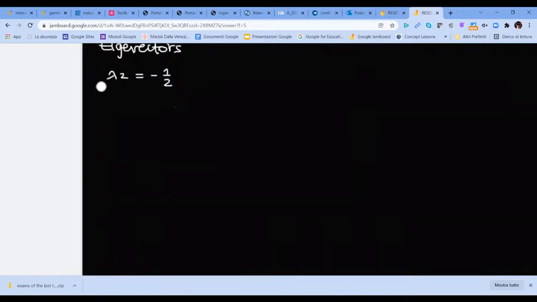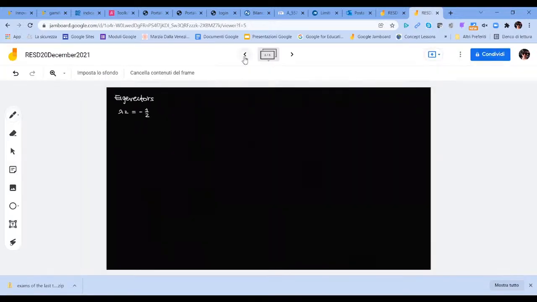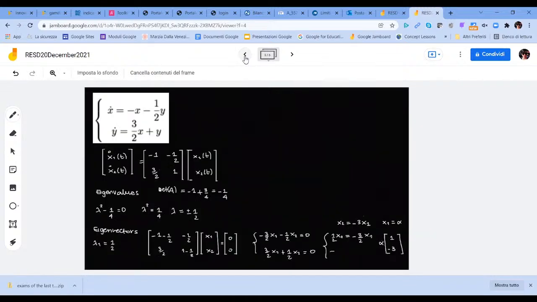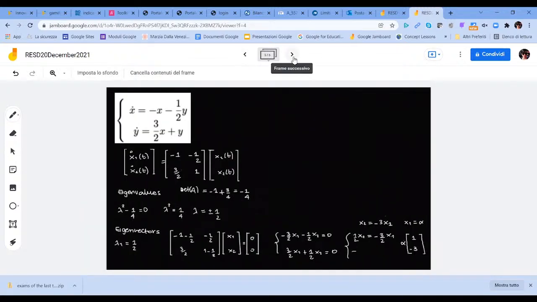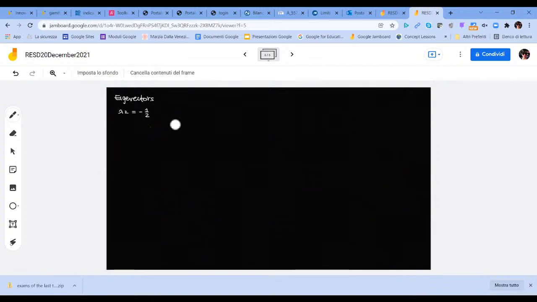for lambda 2 that is equal to minus 1/2. Okay, so we have again the matrix that is minus 1 minus, it is plus 1/2, not everything, only on the diagonal.